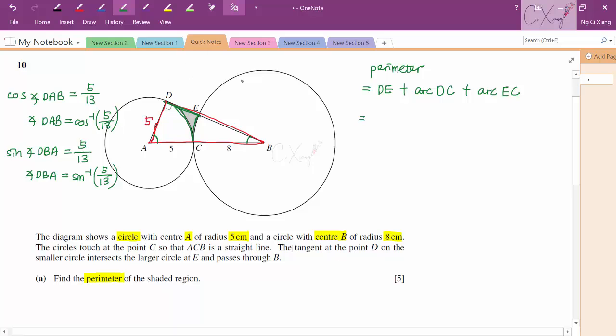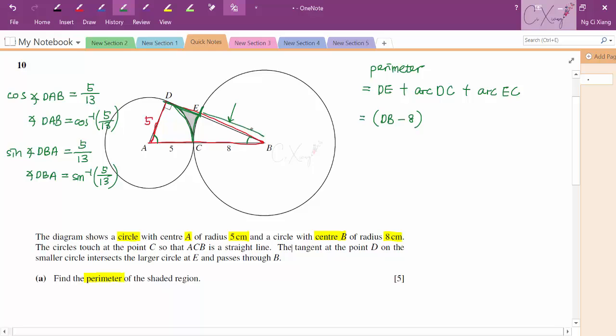All right, so now I want to continue with my calculation here. To get the length DE, it is actually the length DB minus 8, because I need to minus the EB, and this length is actually 8 cm.